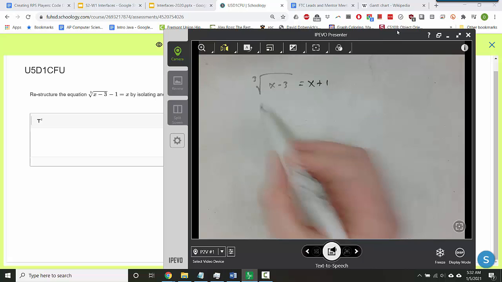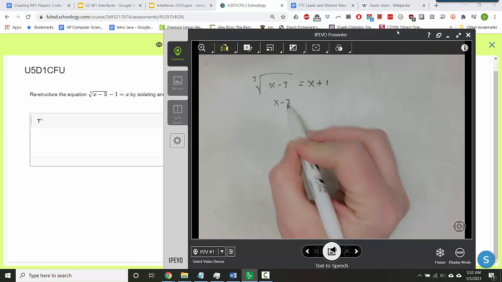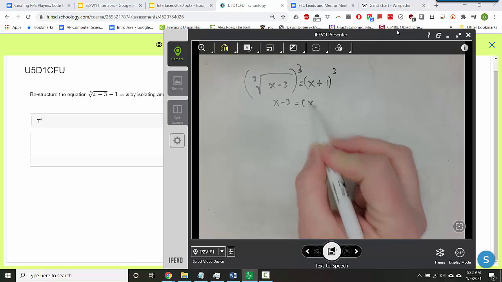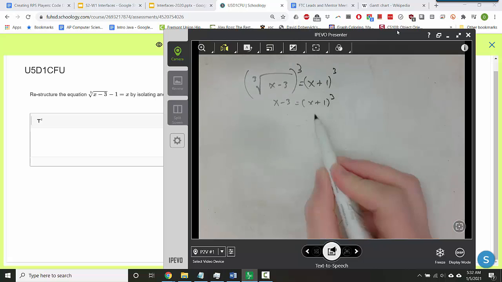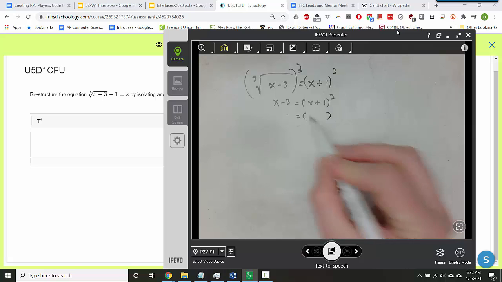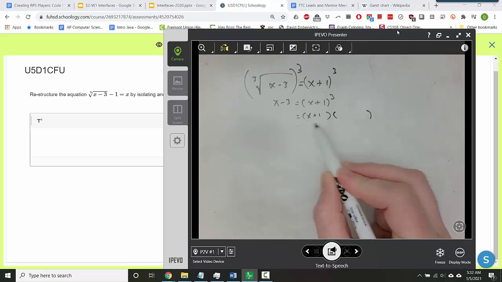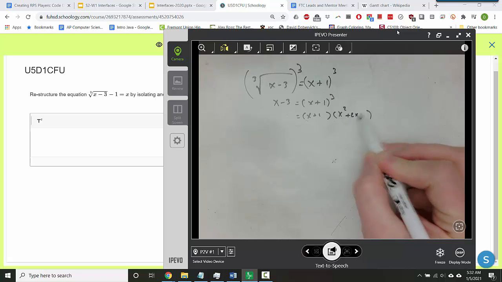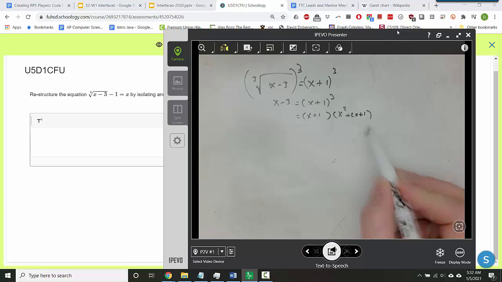So x plus 1. Now I'll cube it. So cubing both sides gives me this. Let's go ahead and cube this. So I know this is the same thing as x plus 1 times this squared, which is going to be x squared plus 2x plus 1. And now I'll expand this one.